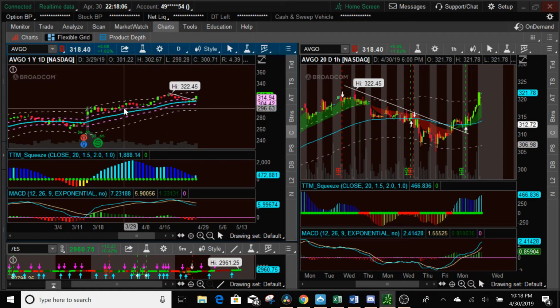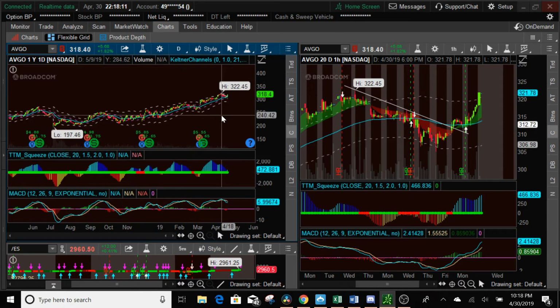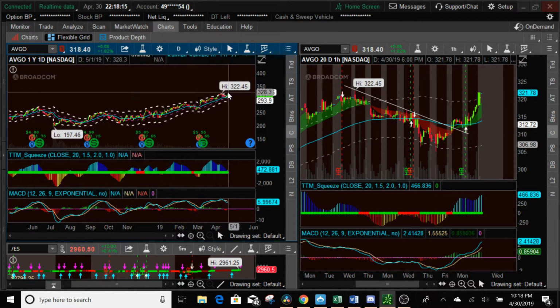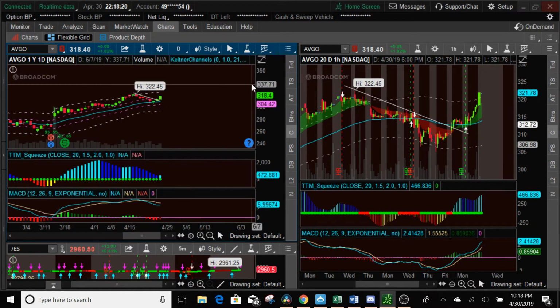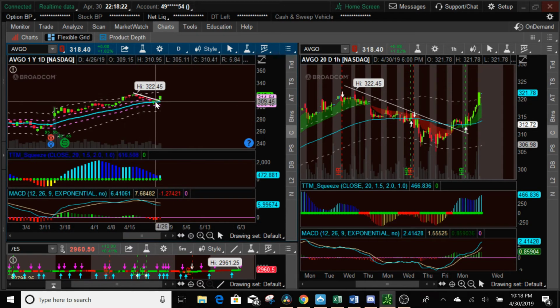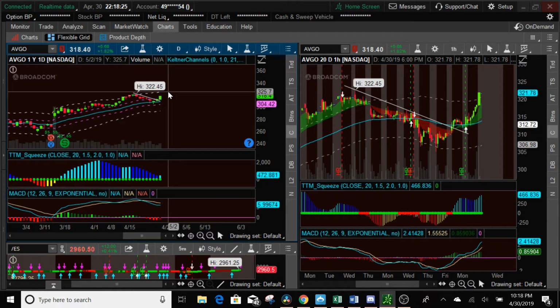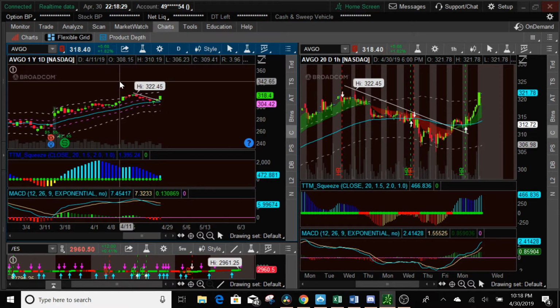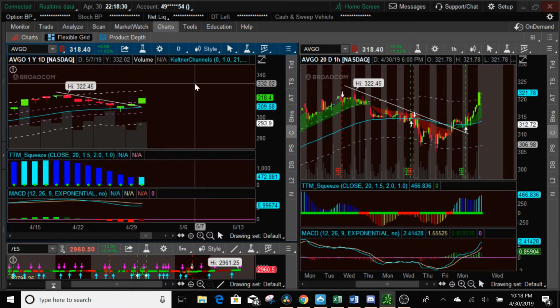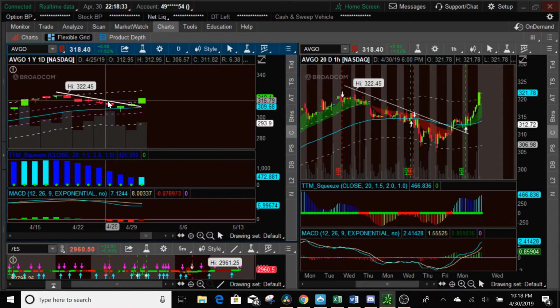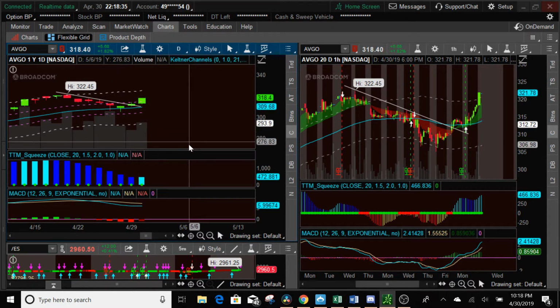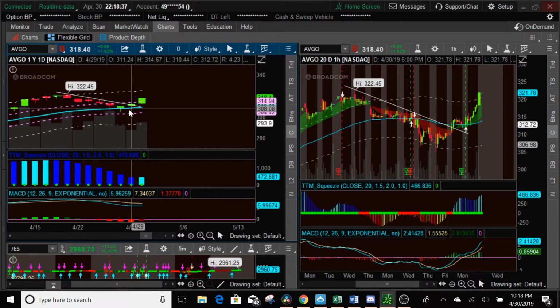This is one of my favorite setups: a stock that's running really hard, a runner, a grinder, in an uptrend, and then it pulls back to the 21 EMA and has a bounce, and that bounce is what we're playing. If I zoom in a little more, you can see I drew in this trend line, and we're playing the bounce off the 21 EMA.